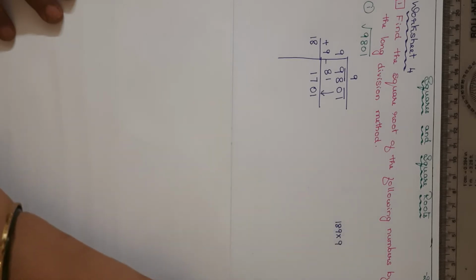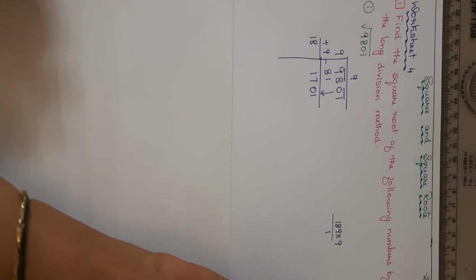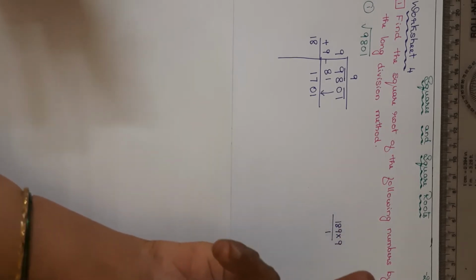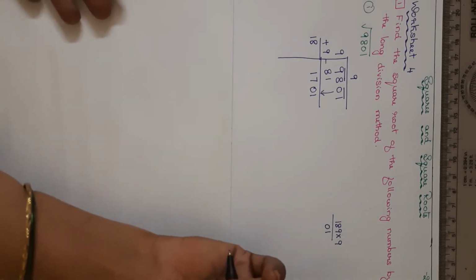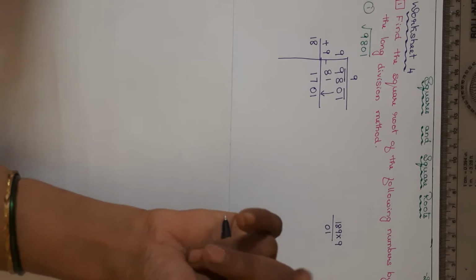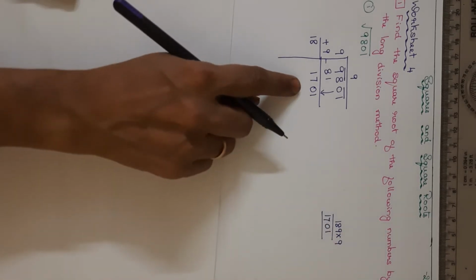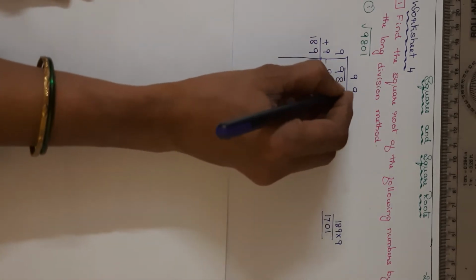9 you multiply by 9. 9 9s are 81. 9 8s are 72 plus 8 is 80. 9 1s are 9, 10 and 17. So you got 1701. So yes, you can put 9.